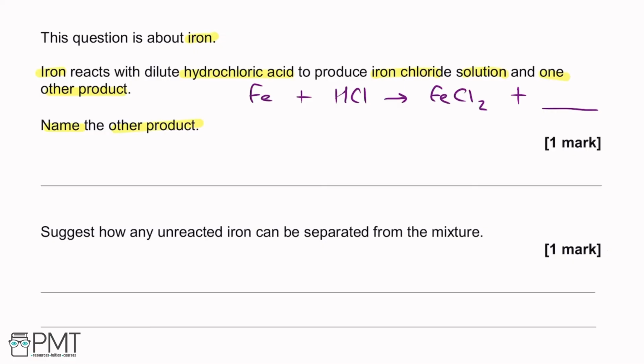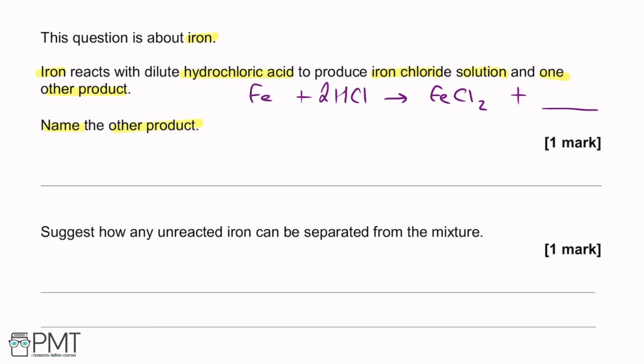So, first of all, let's try and balance the parts of the equation that we've got now. So we've got one iron atom. Here we have one chlorine atom, but here we have 2 chlorines. So we need to put a 2 in front of this HCl.